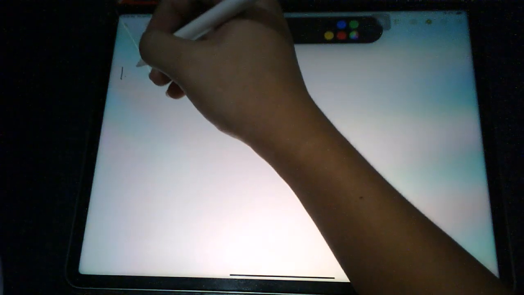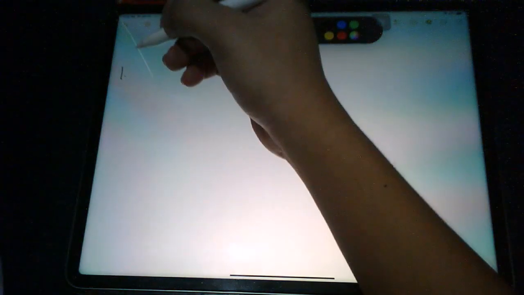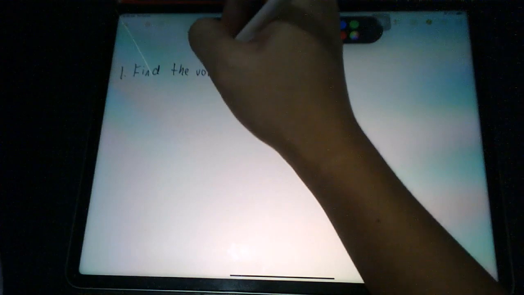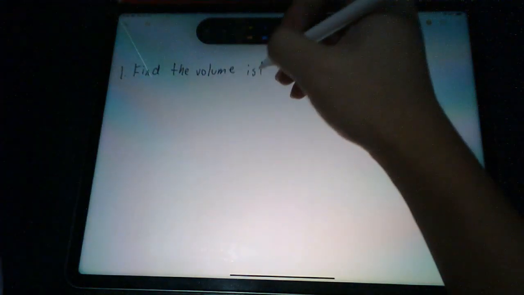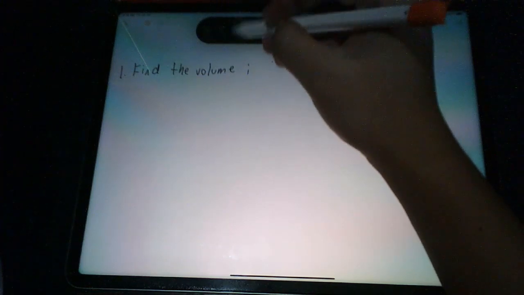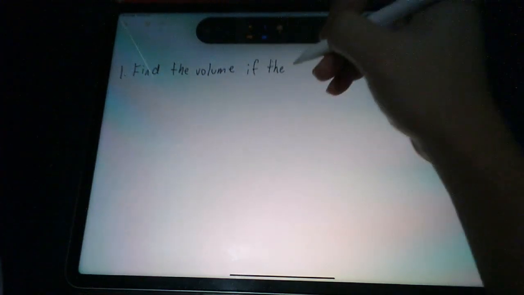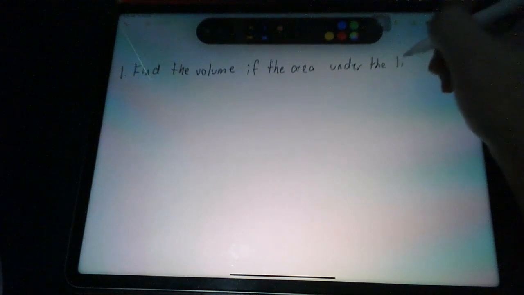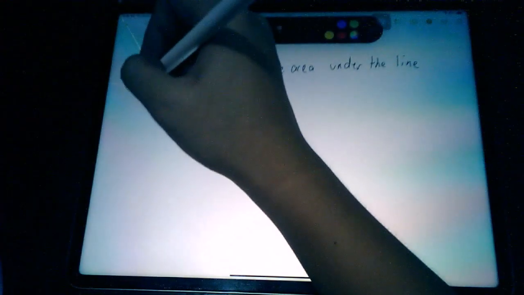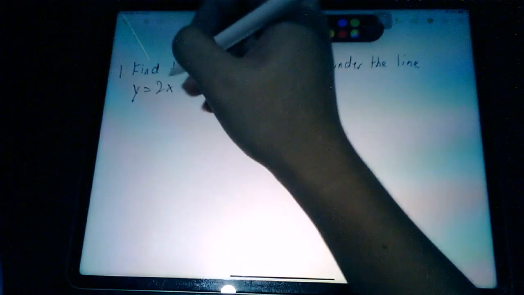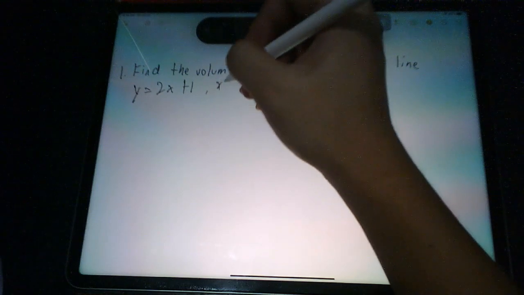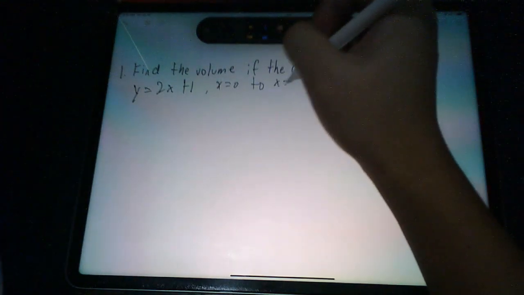Example number one: find the volume if the area under the line y equals 2x plus 1, from x equals 0 to x equals 3.